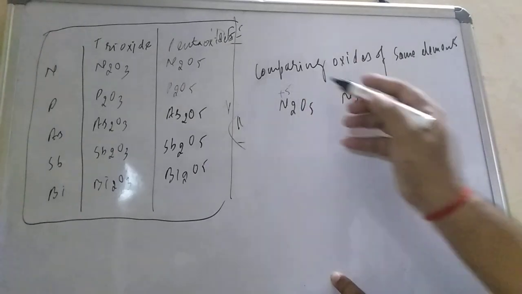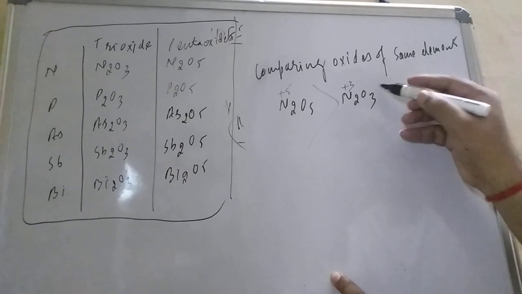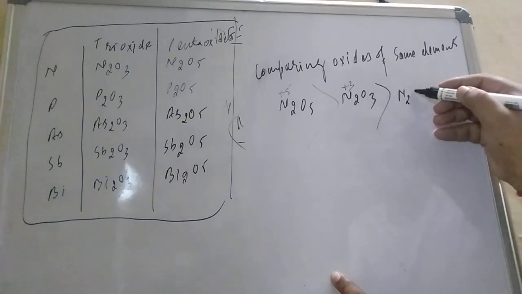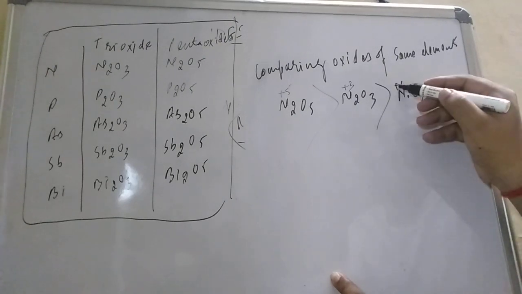So this is plus 5 and this is plus 3, so N2O5 is highly acidic. Then NO2 is plus 4.